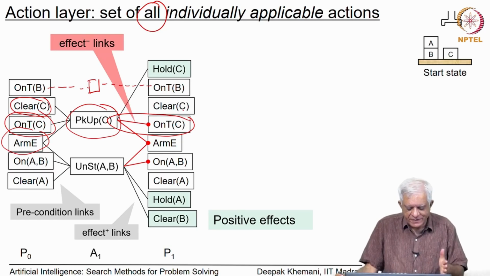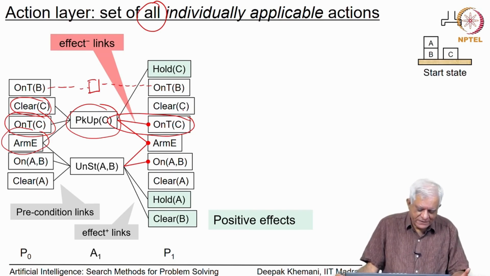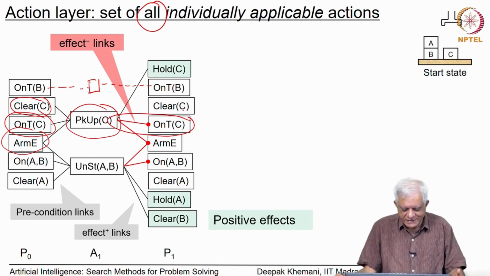So, this depicts the different kinds of layers that we are storing in the planning graph. We have proposition layers, we have action layers, we have succeeding proposition layers. So, P 0, A 1 and P 1 in this case. Then we have precondition links which link actions in A 1 to the preceding proposition layer, and then we have positive effect links and negative effect links which link actions to their effects in the following layer essentially.